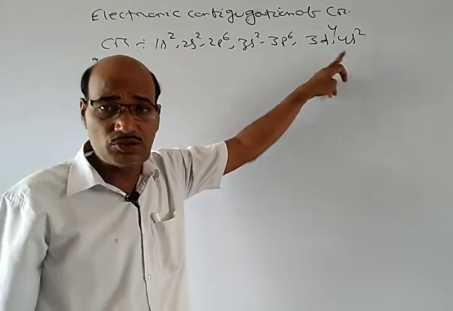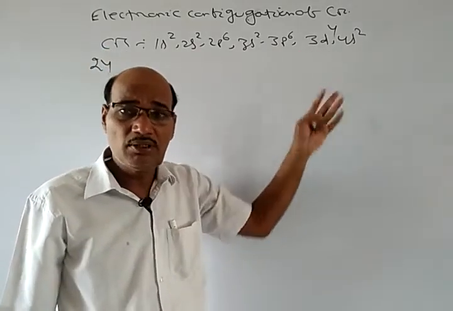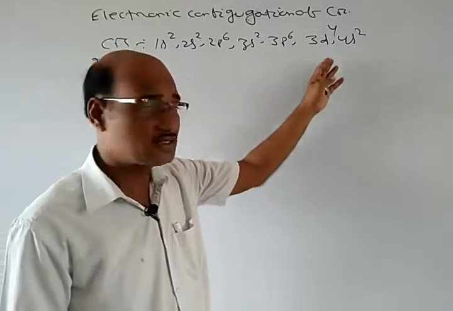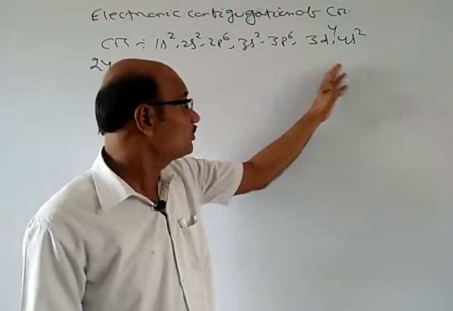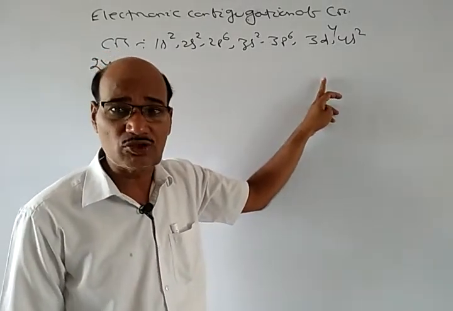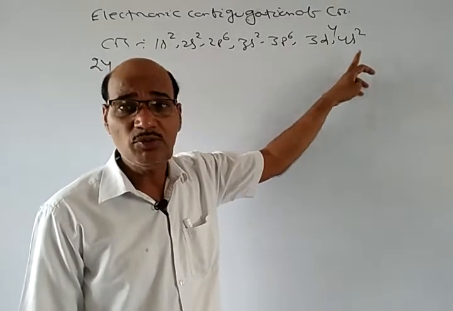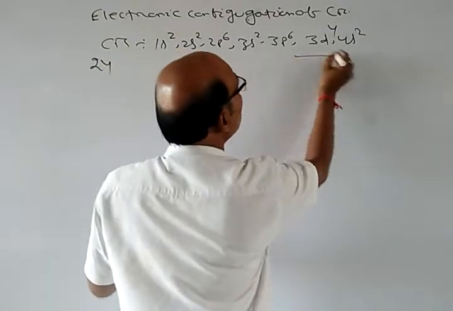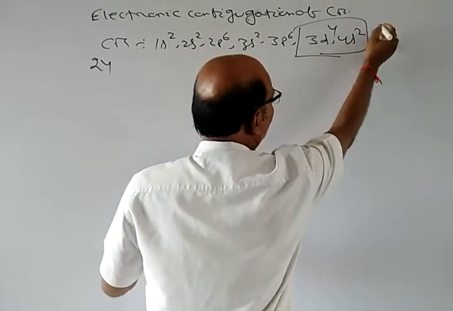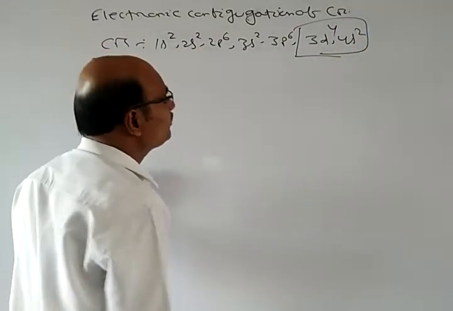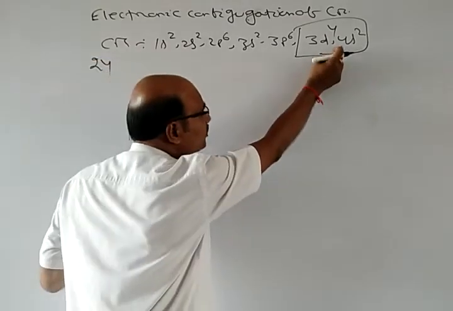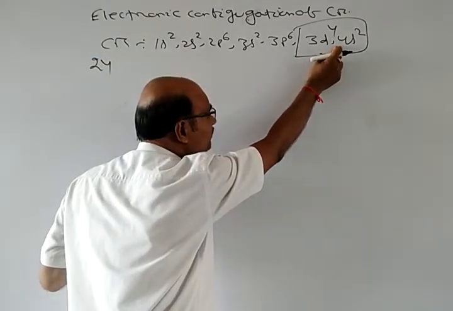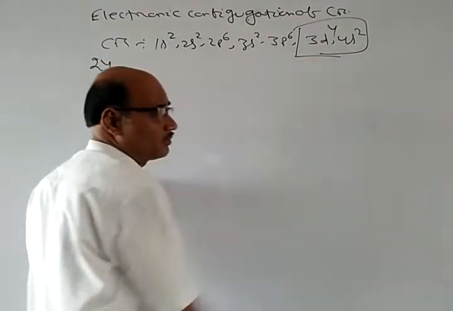Then after it is the fourth shell, 4s, but because the energy of 4s is less as compared to 3d, we give electrons first to 4s, then we come to 3d. So when we fill 4s with 2, then we give 4 electrons to 3d. But actually what happens here?